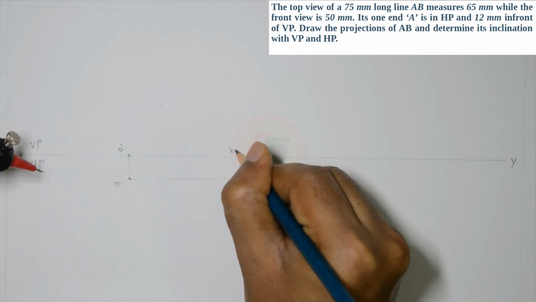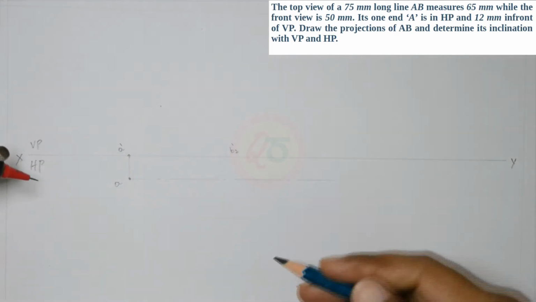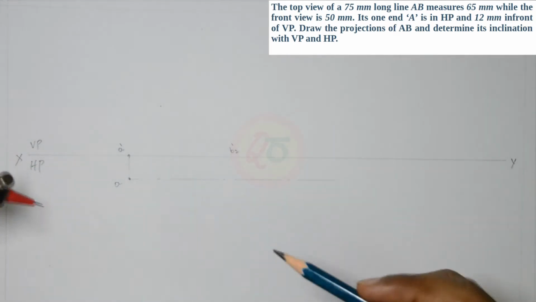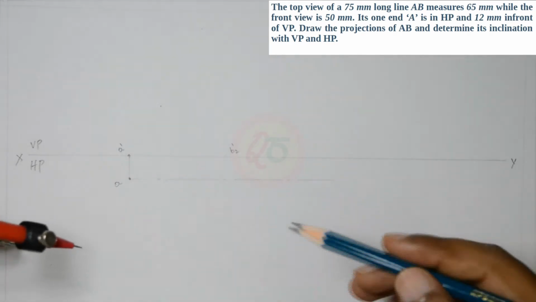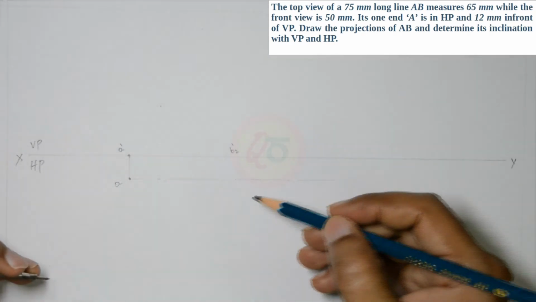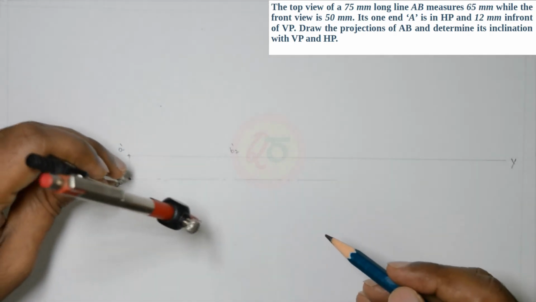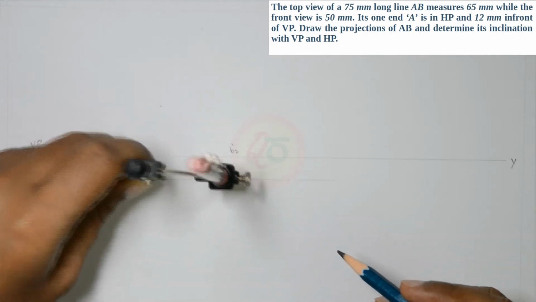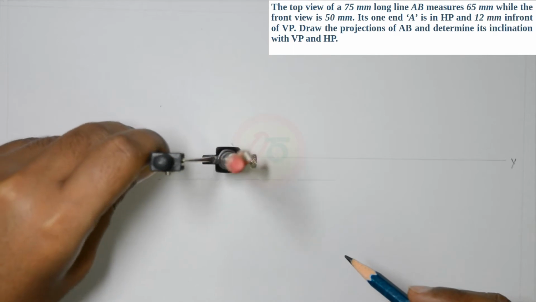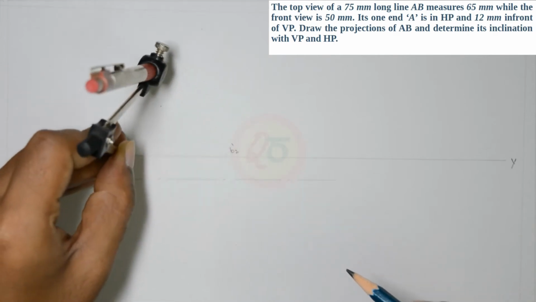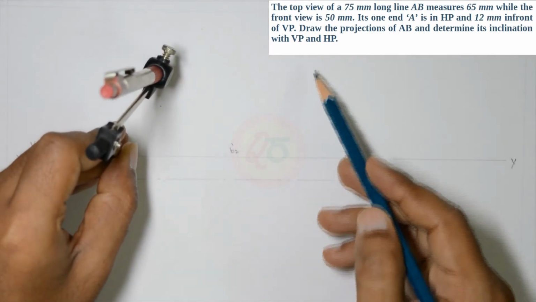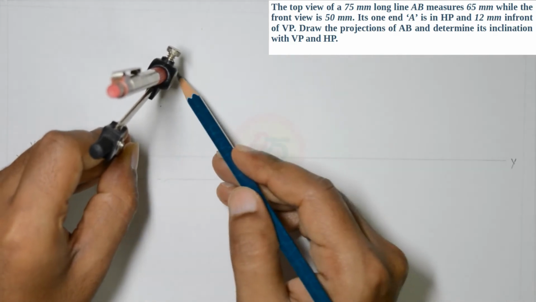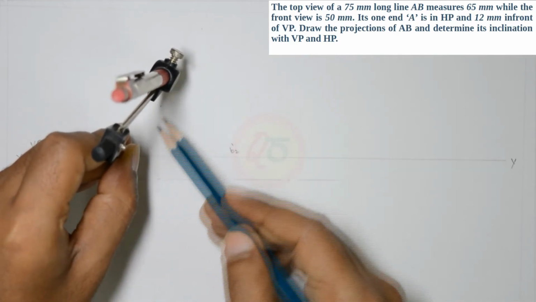So what we are doing is reconstructing it the other way around. Initially, in the previous problems, we would draw an arc from A on the locus, and wherever it intersects with the end point of the true length, there we were getting the projected line.